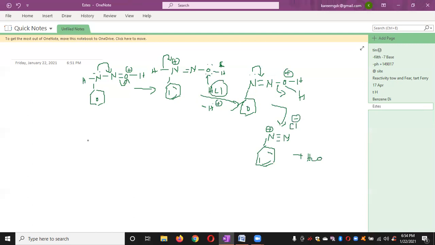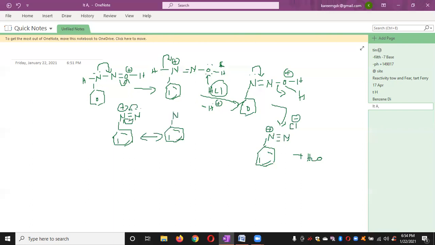So this diazonium ion is a stable ion. Why? Because it will participate in resonance. How? Let's see the resonance. So here what happened? The lone pair of electrons shifts here. Then one of the triple bonds will be shifted onto the nitrogen atom. So thereby displacement of positive charge takes place.